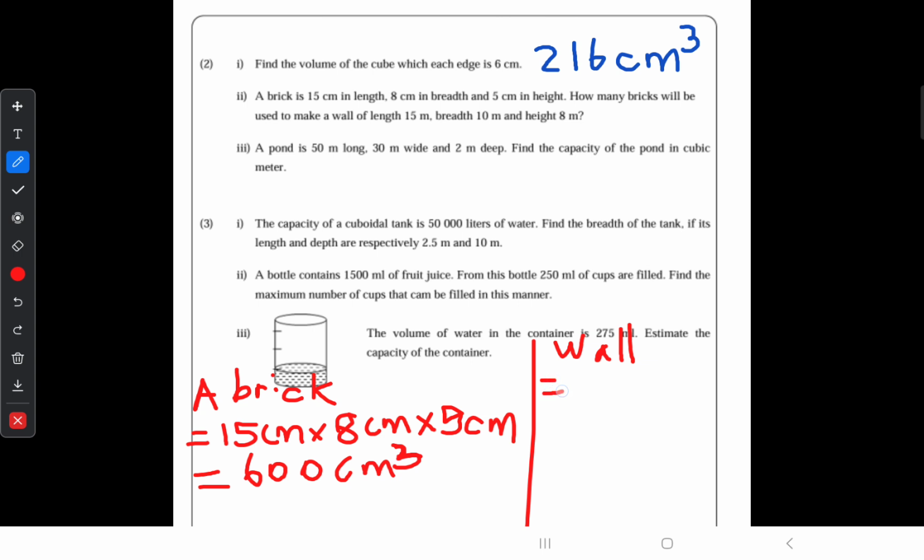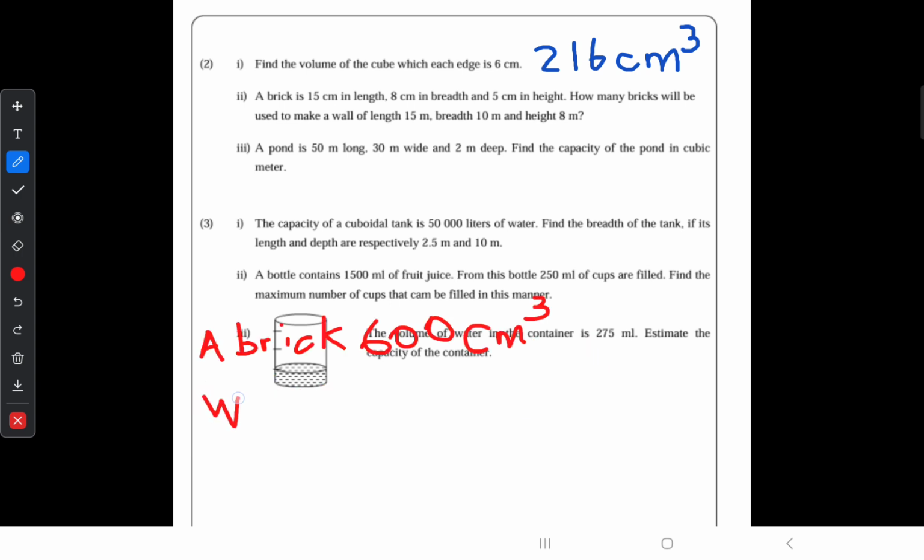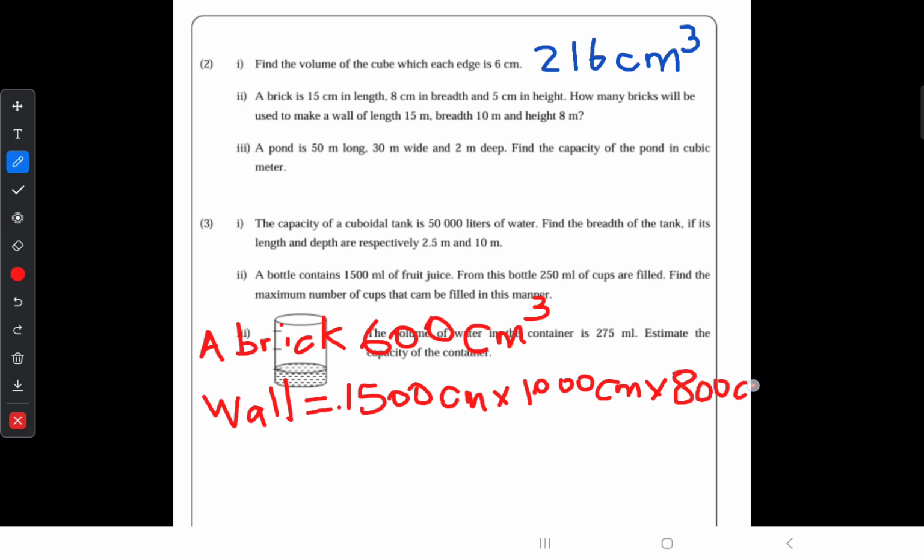The length is 15 meters, that means 1500 centimeters. Multiplied with 10 meters, means 1000 centimeters, multiplied with 8 meters, that means 800 centimeters.